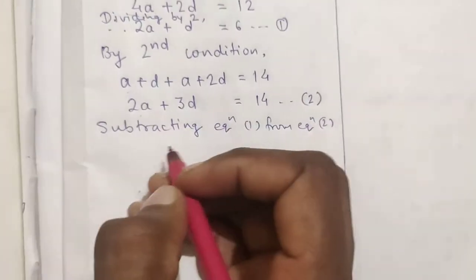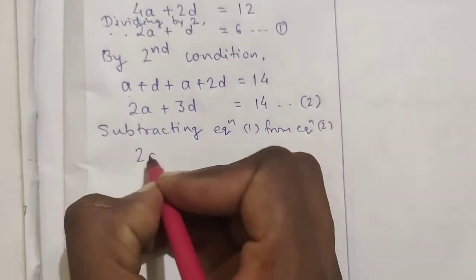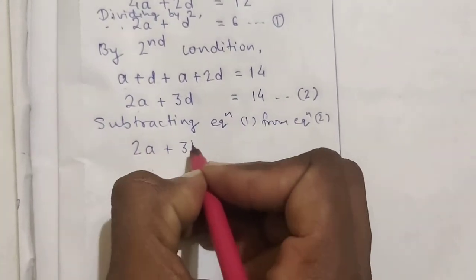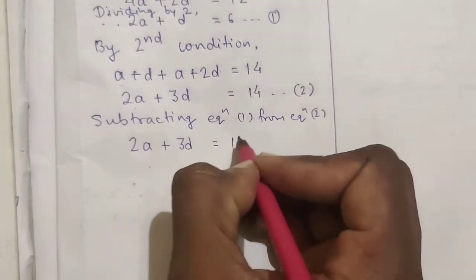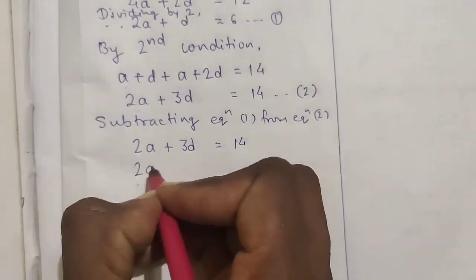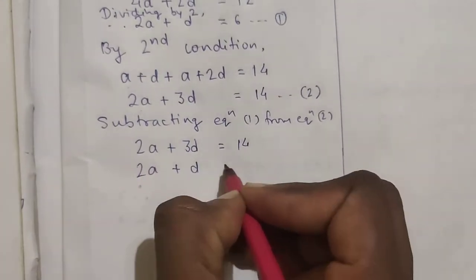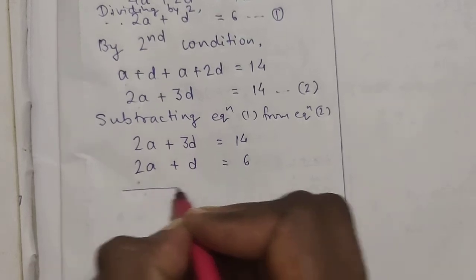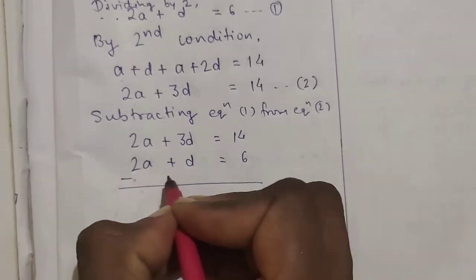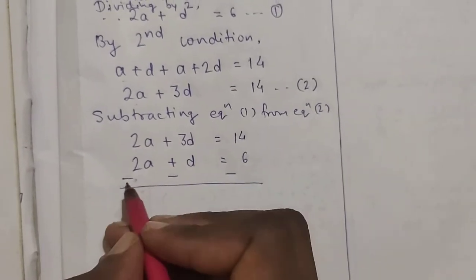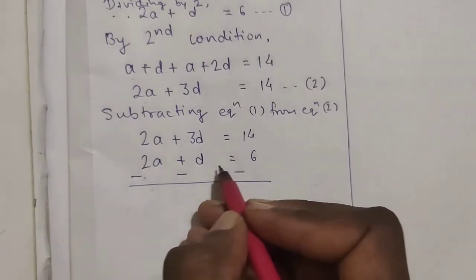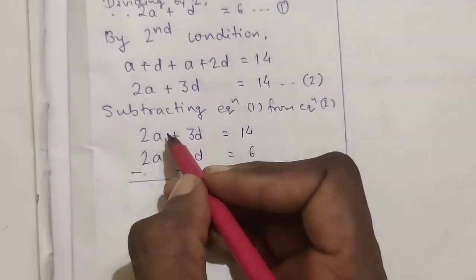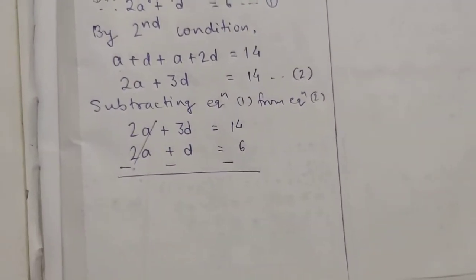Okay, so what is our equation number 2 that we are going to write first? 2A plus 3D equals 14. Then equation 1, 2A plus D equals 6. Now since we are subtracting, that means we have to change the sign. So this becomes minus 2A, this is minus D, this is minus 6. Now 2A minus 2A get cancelled.